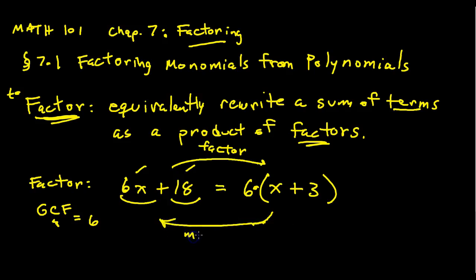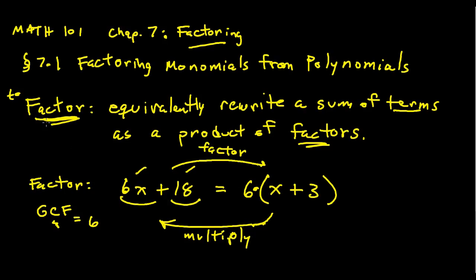Notice, if we go right to left here, we're multiplying. Again, 6 times x is 6x plus 6 times 3 is 18. So in some ways, factoring can be referred to as the reverse, or some say the inverse, of multiplication. All right, let's dive in and do some examples now.